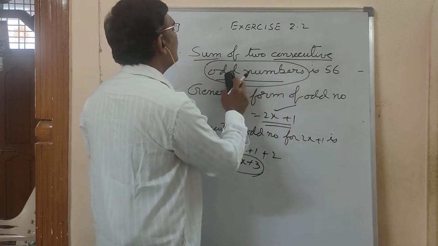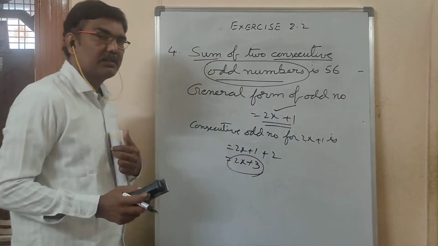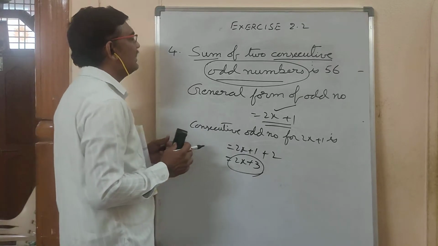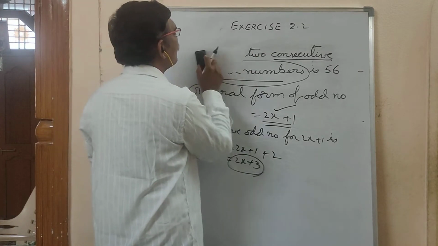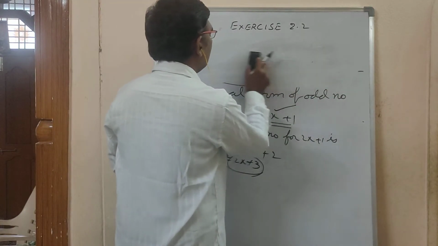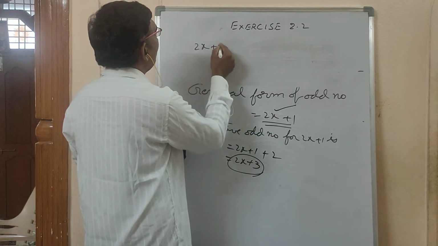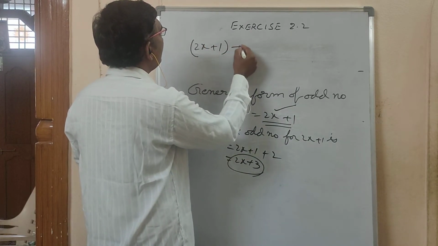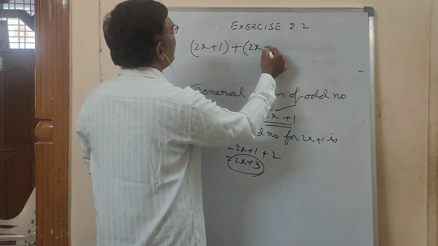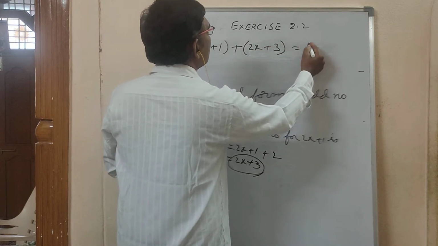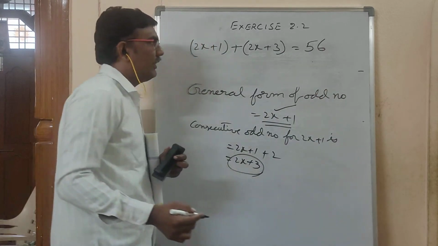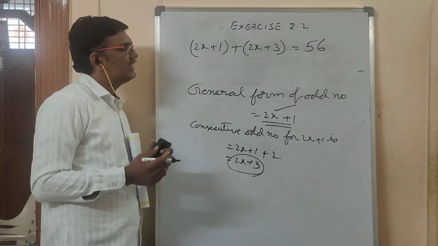The sum of two consecutive odd numbers is 56. Means what he is saying is, if you add these two odd numbers, 2x plus 1 is one odd number, another odd number is 2x plus 3. Sum, how much has he given us? 56.